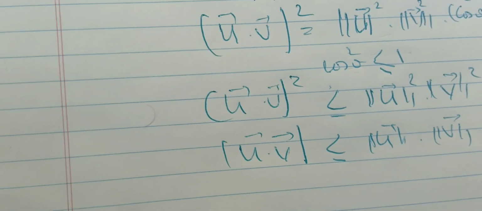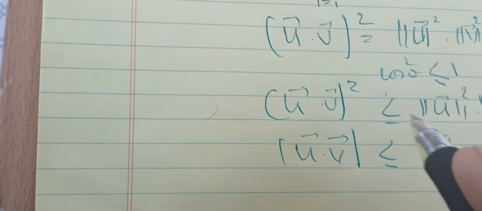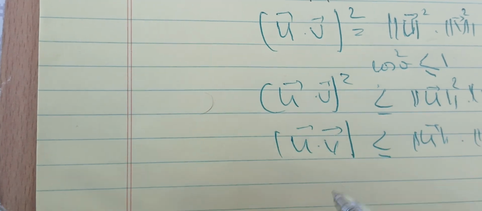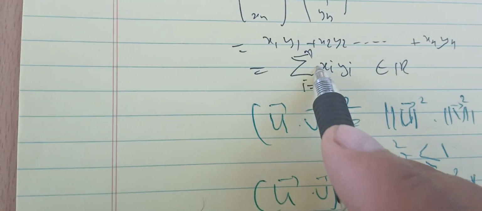If we write this component by component, the left side is just this sum.